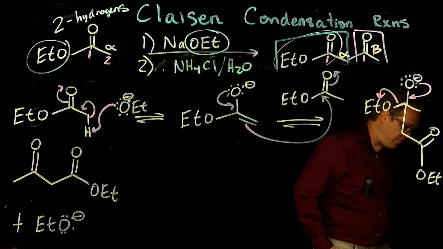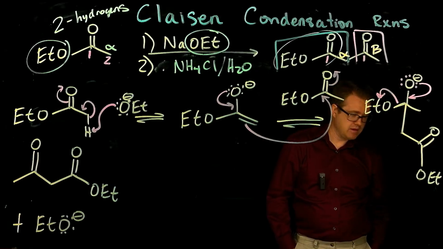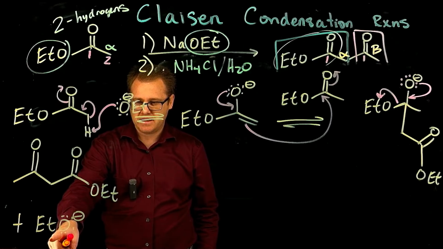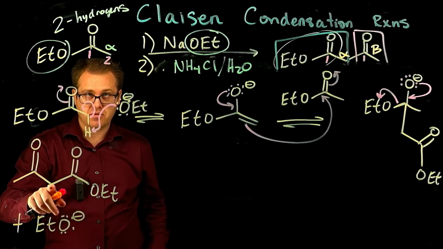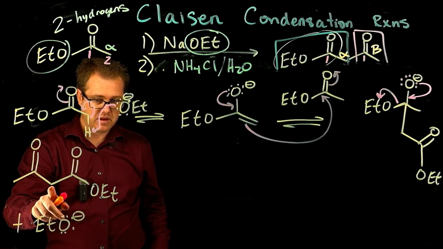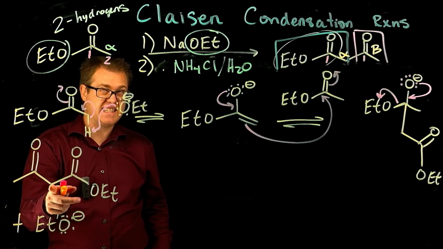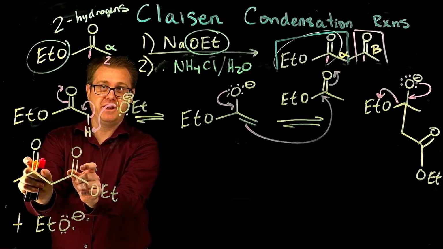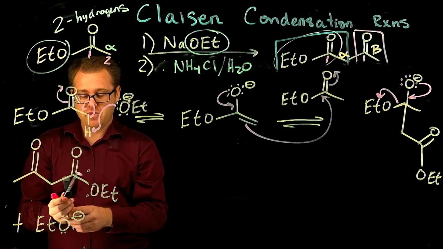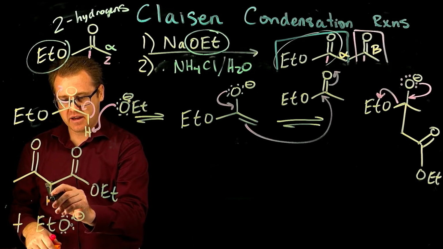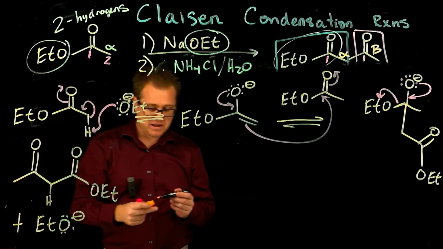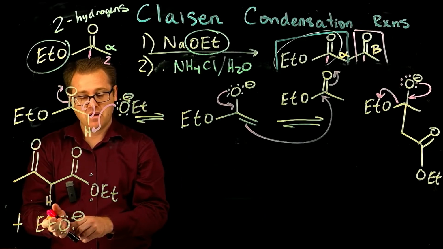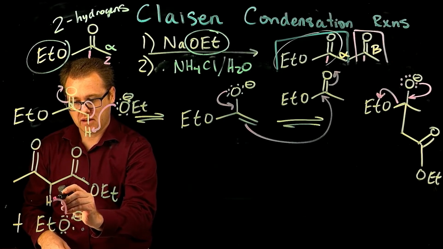But we generated that base right here. And we're under basic conditions, and now we have an alpha proton that's more acidic than at the starting material, because it's sandwiched between two carbonyls. So we have a hydrogen right here that's really acidic, and you can't stop this base from reacting with it.